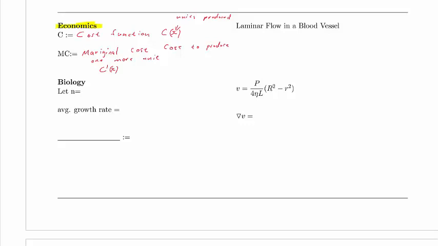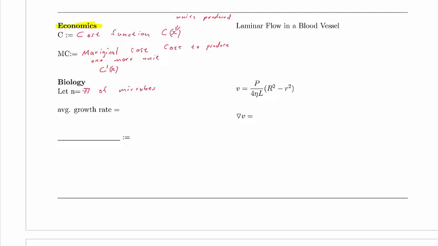Alright, so for some biology examples, this will be very quick and rudimentary. Let N be the number of microbes in your population. It doesn't have to be microbes, it could be anything that you're studying.